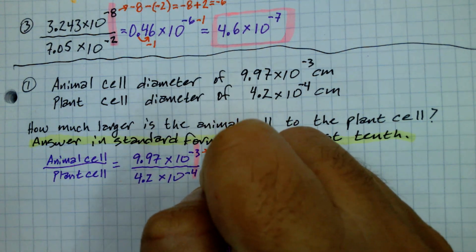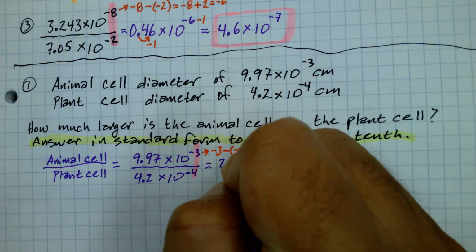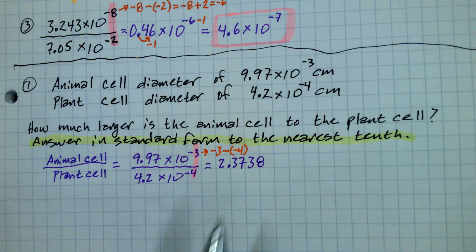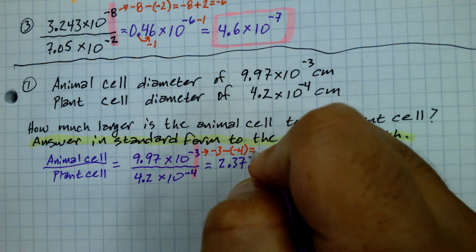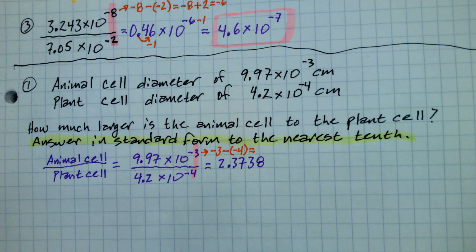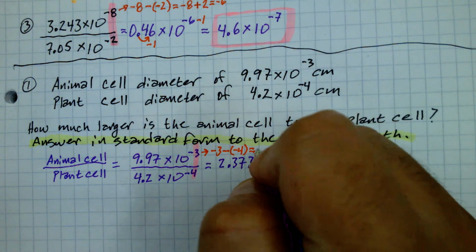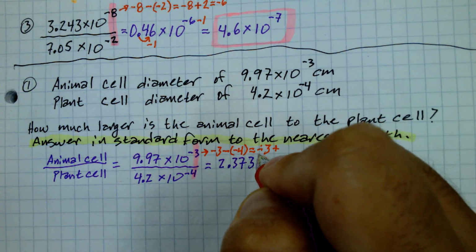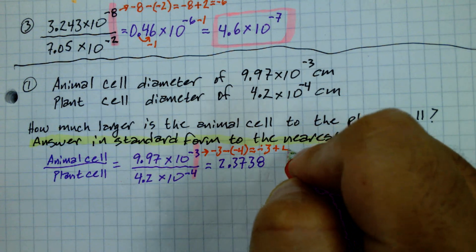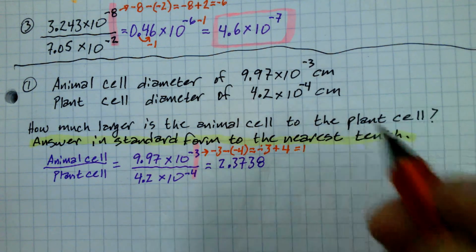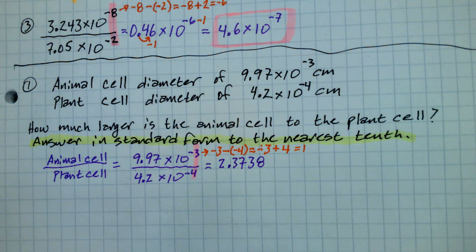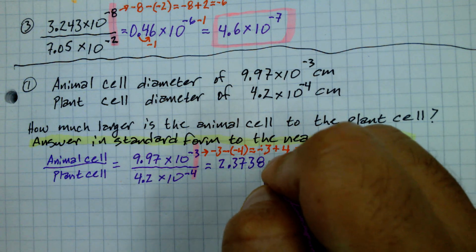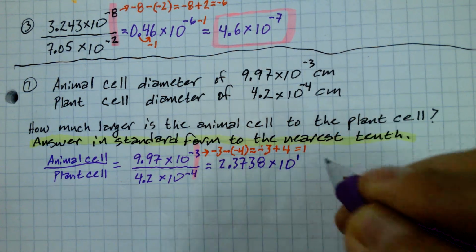I want negative 3 take away -4. -3 minus -4, right? Let's change that to an addition problem. -3 minus -4 becomes -3 plus 4. -3 plus 4 is just 1. Okay. So this is 2.3738 times 10 to the 1.